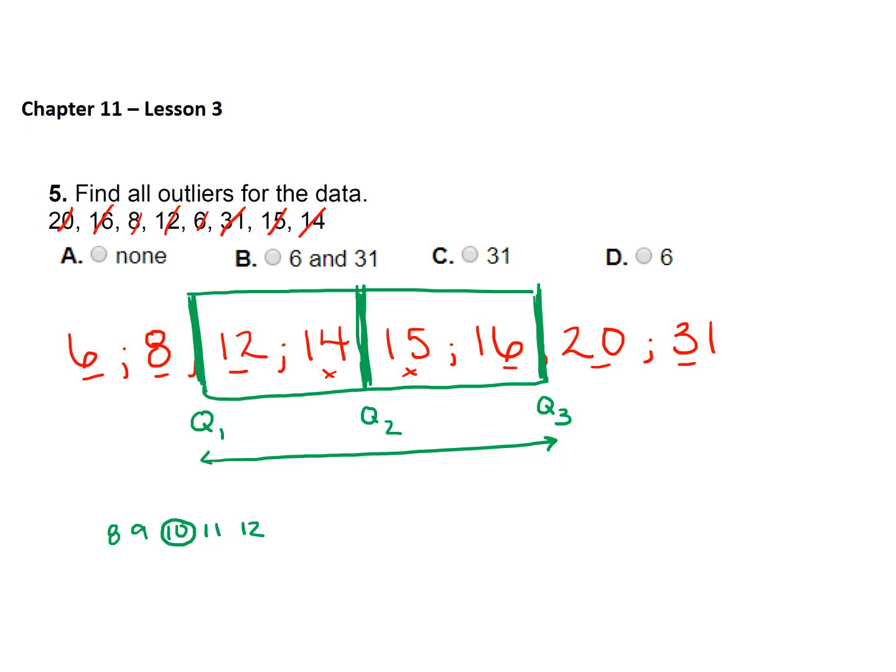And then over here we have 16, 17, 18, 19, 20. So it's going to be 18. And then we do 18 subtract 10 equals 8. So our interquartile range equals 8. I'm going to do a little bit of erasing here to give myself some room.